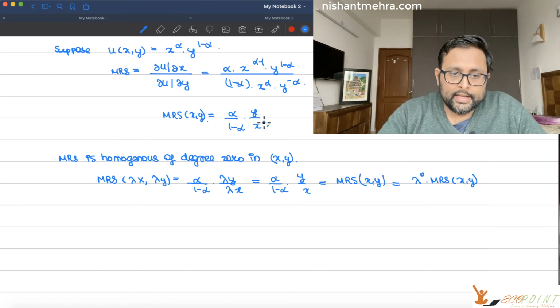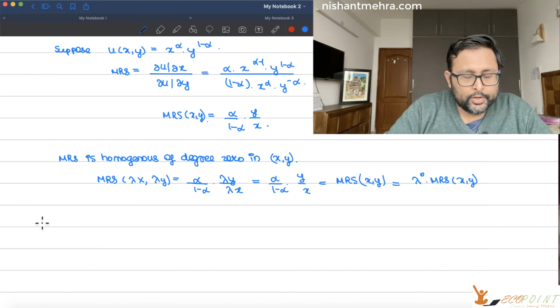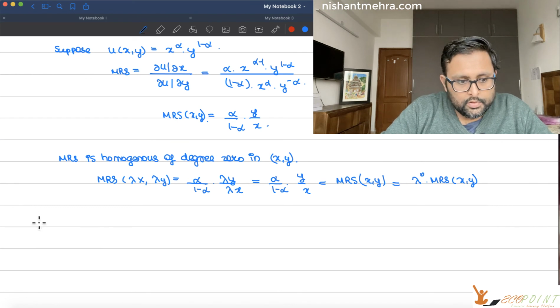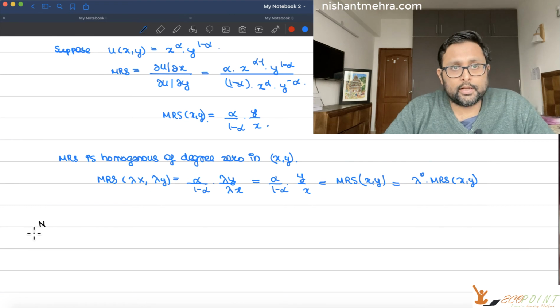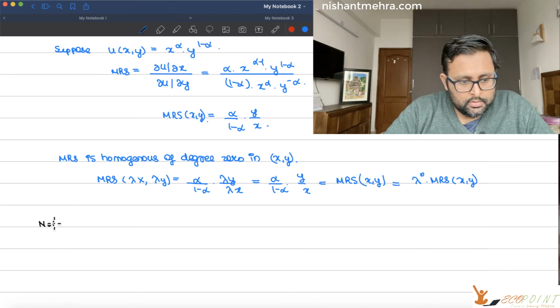Then I'll end with this point. All homogeneous functions are homothetic, but not all homothetic functions are homogeneous.